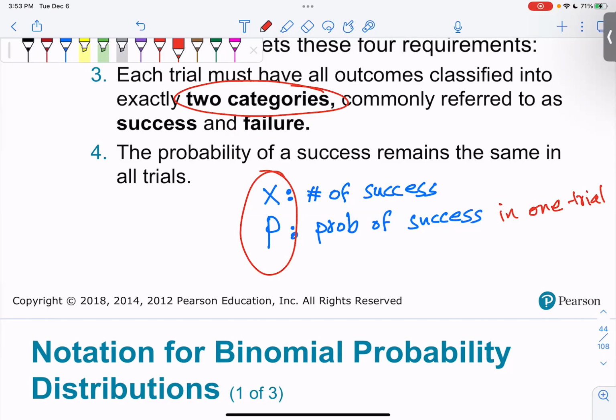So the second experiment will not be affected by the first, so it's independent. And then we have 2 outcomes, which is head or tail, okay? And then the fourth one, the probability of success will be the same. The probability of getting head each time will be 0.5, right? So this will be a binomial distribution.